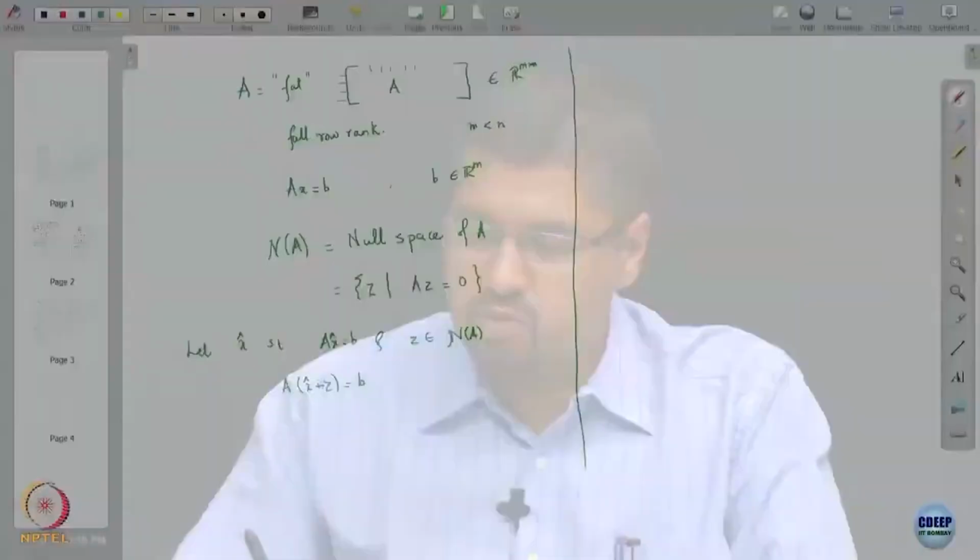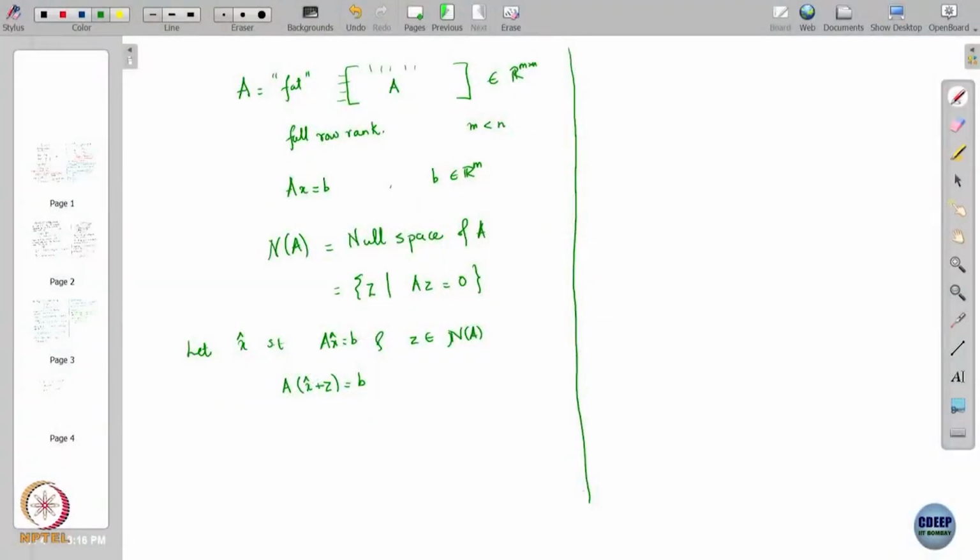So, in this sort of situation, a common problem that is posed is that you want to find a solution that has a certain structure. Now, structure can mean many different things. Okay, structure can mean sparsity, structure can mean close to something else, structure can mean having the least norm. Okay. So, in this case, let us look at the least norm problem.